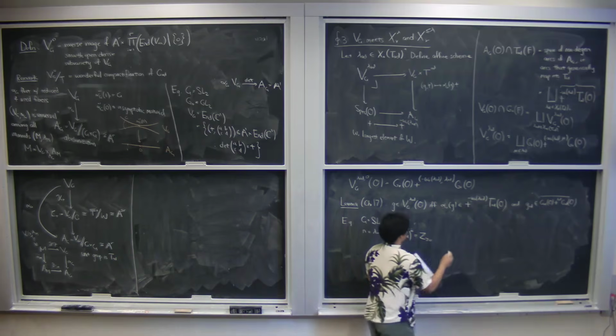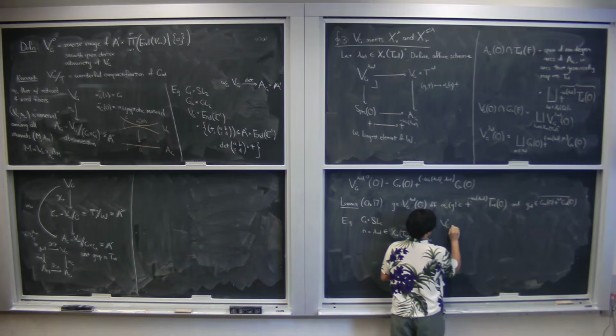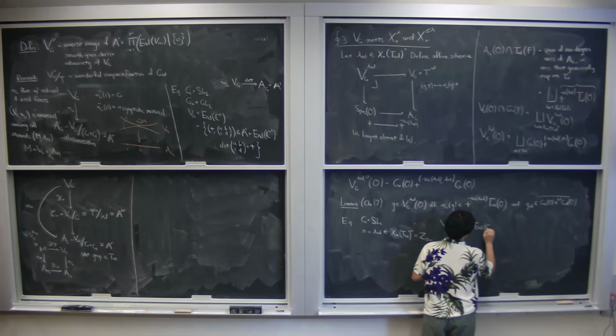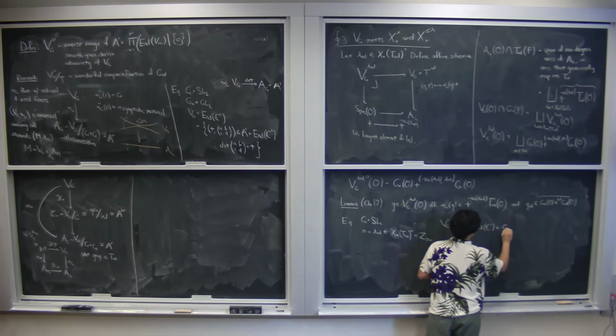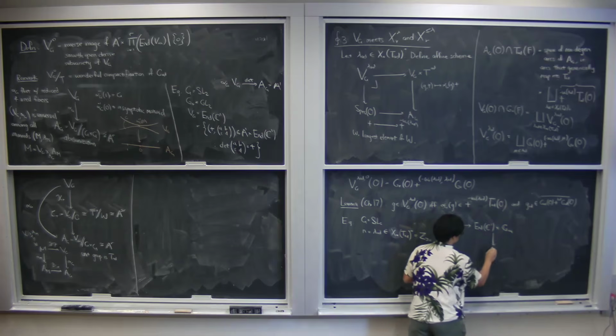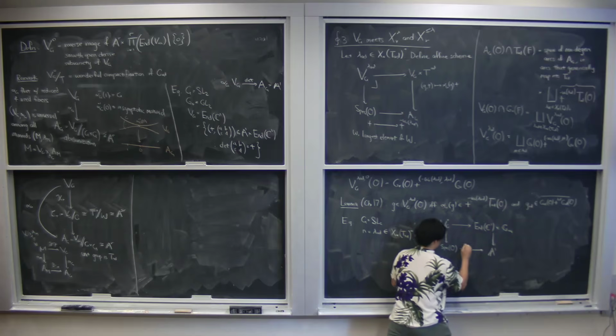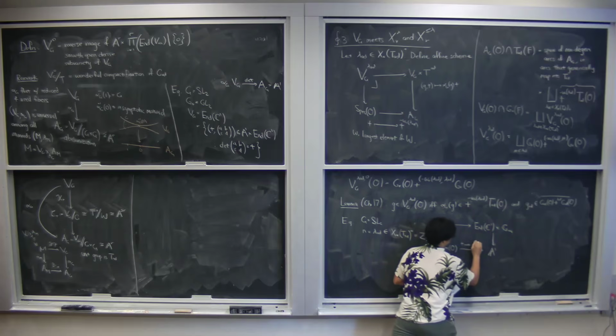We can rebuild this diagram as V and G. This is endomorphisms of C2 times GM. This is A1. This is spec of O. T to T to the N.